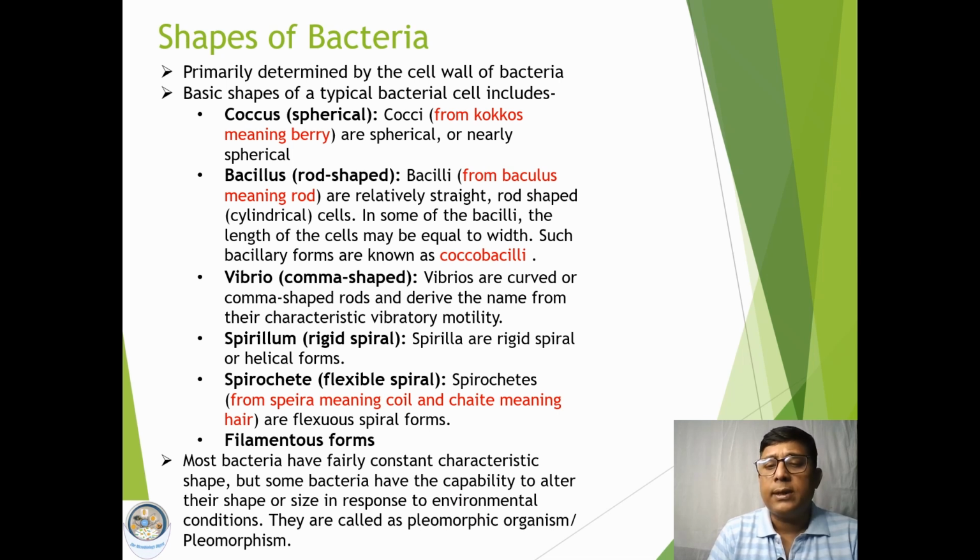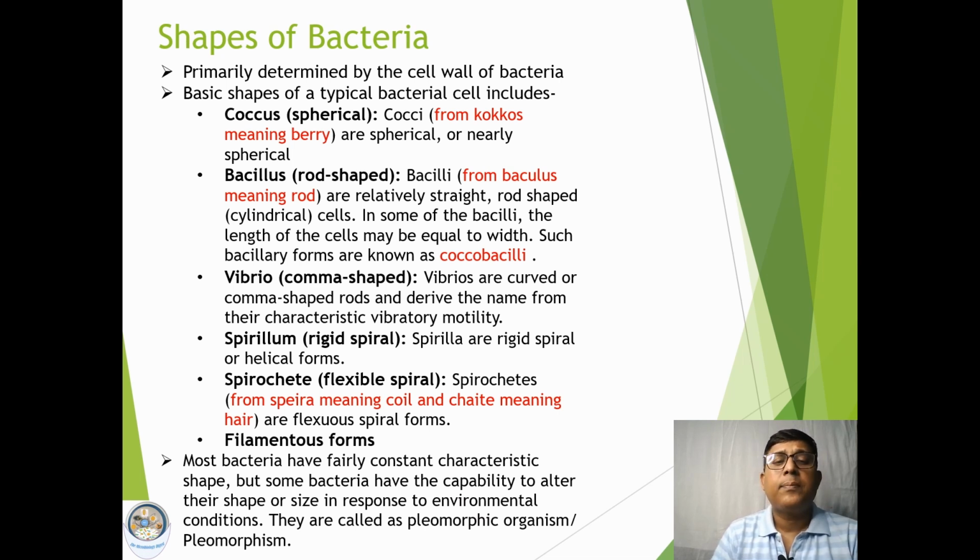But in some bacilli, the length and the width of the bacterial cell may be equal. This type of organism is called coccobacilli. When we examine organisms under the microscope, it is very essential to differentiate coccobacilli from cocci. It is very important to understand the coccobacillus as well as the coccus.